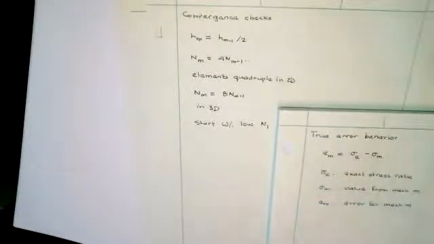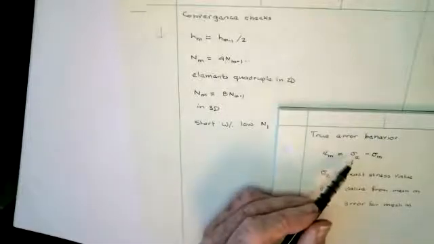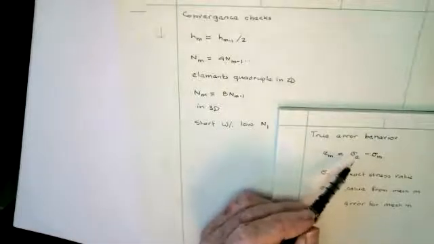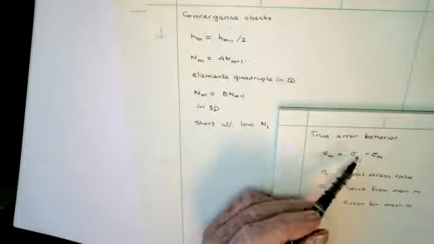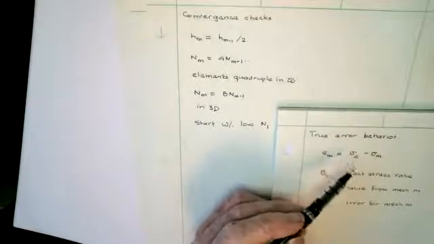So let's imagine temporarily that we had the exact value of what we're trying to find. Okay? Obviously, if we did, we wouldn't be doing the finite element analysis. So this is an imaginative step.